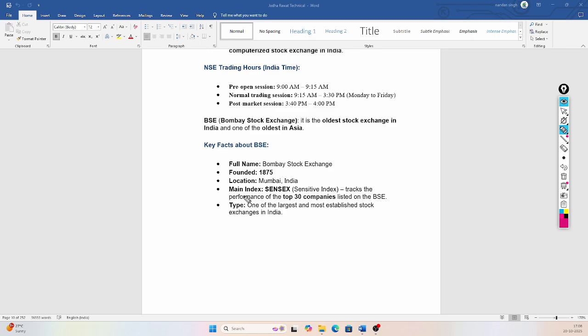Some of you may have also heard Sensex 30 in the news. It is the same as Nifty 50 or Nifty: we can say Sensex 30 or Sensex because it has the top 30 companies. It is one of the largest and most established stock exchanges in India.